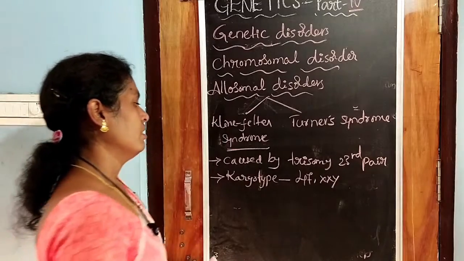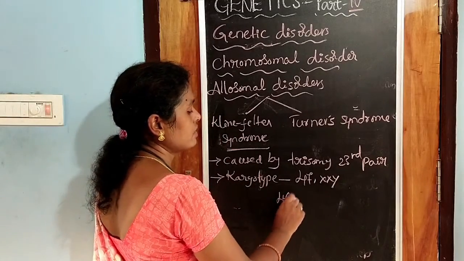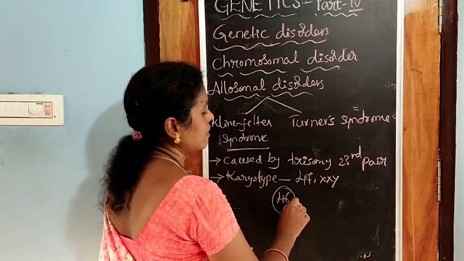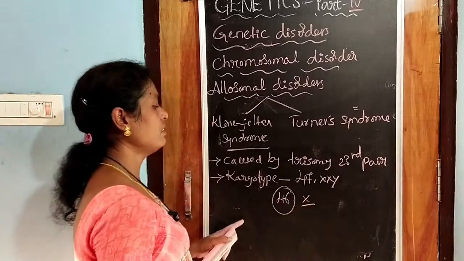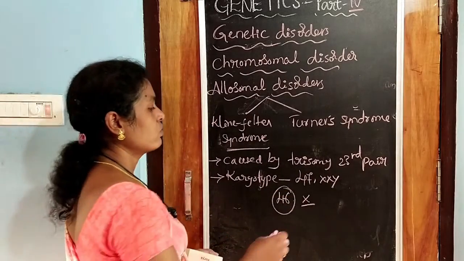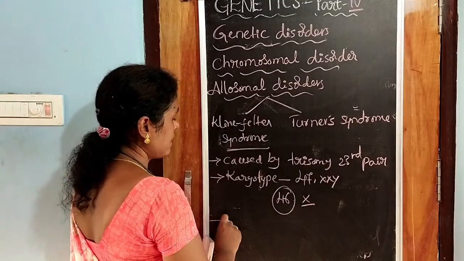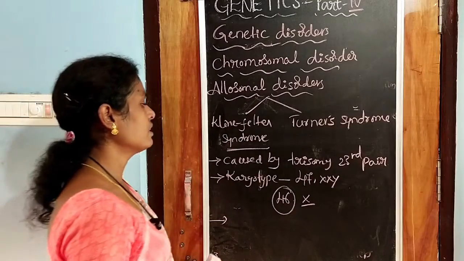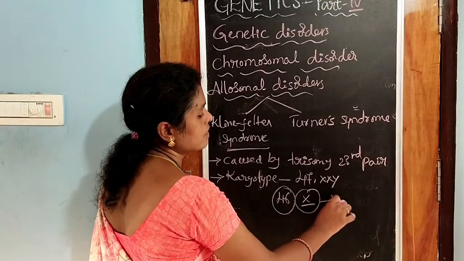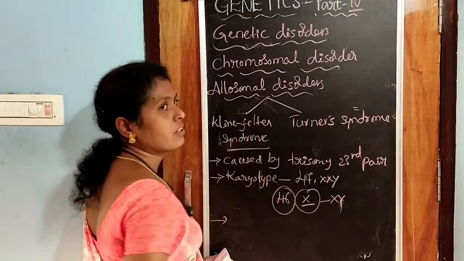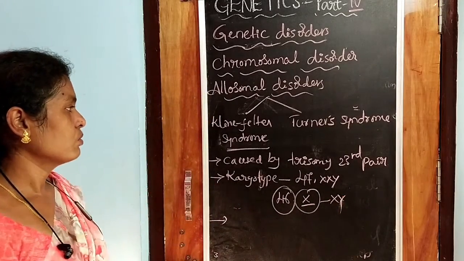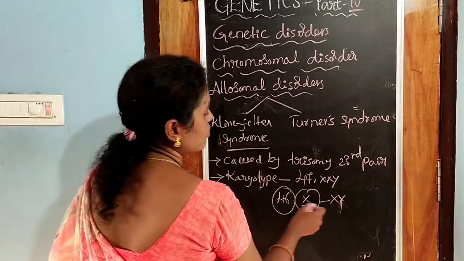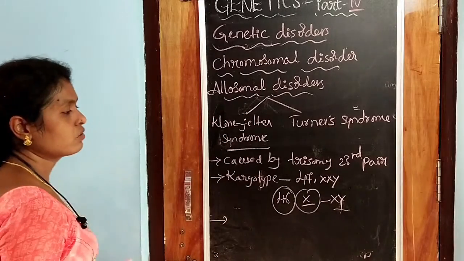I mean, humans have 46 chromosomes, right? So in the Klinefelter case, an extra X chromosome is present along with the XY chromosome, especially in males. It is caused by the trisomy of the 23rd pair.